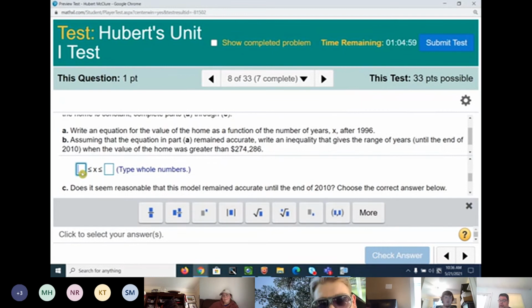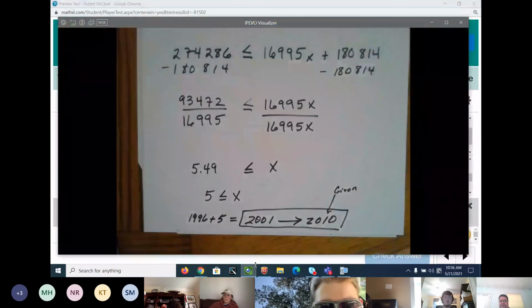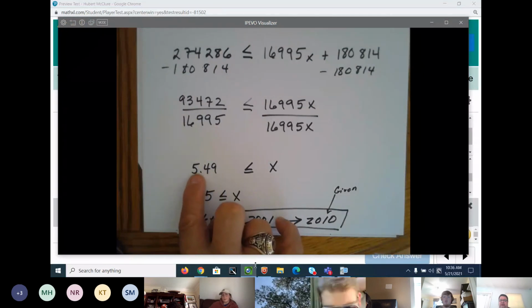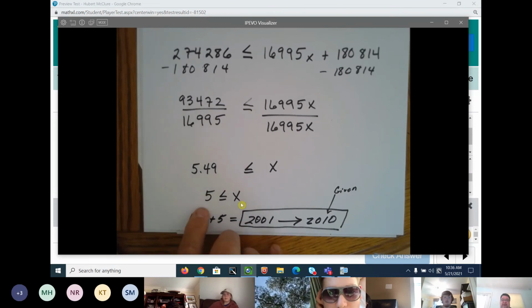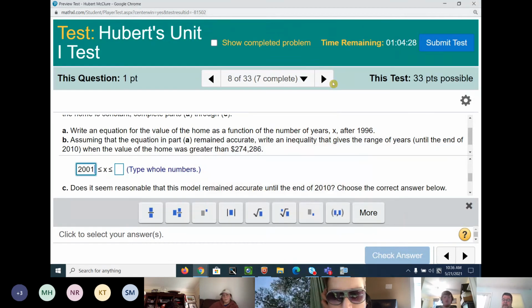So x is between 2001. Now, that could be 2002 if they did round 5, if they said round to the nearest, that's real close to 6 if you rounded. So that possibly could be 2002, but let's see. By mathematics, I did what I think is mathematically correct. To 2010.